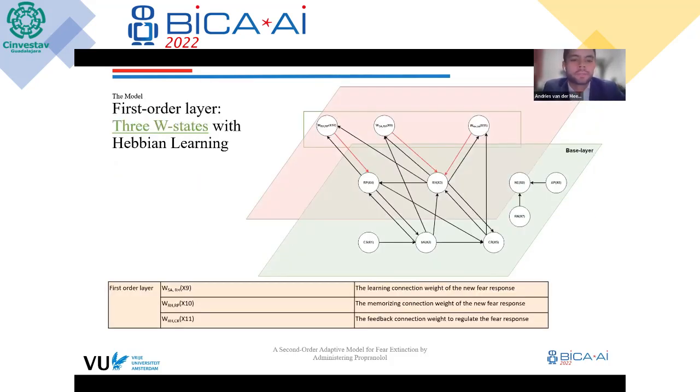Then the first order layer contains 3 W states, that have the Hebbian learning combination function. And that is to facilitate learning and change the hippocampal and the ventral medial prefrontal cortex state.